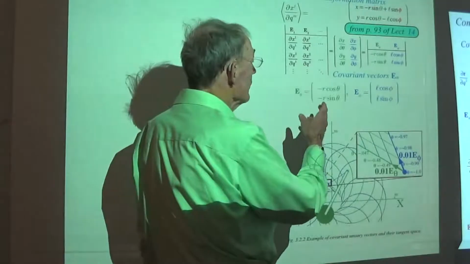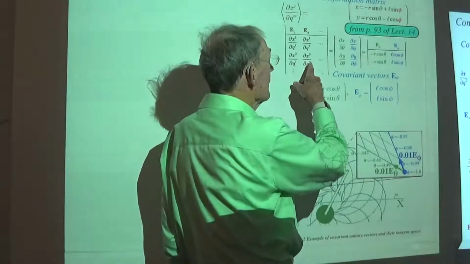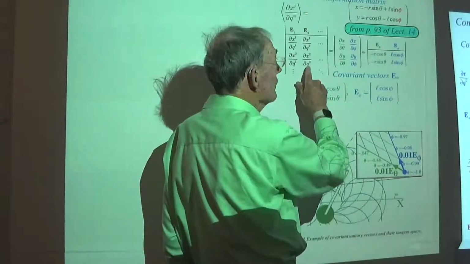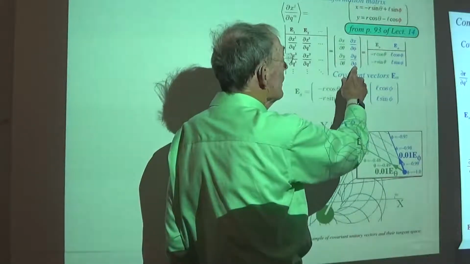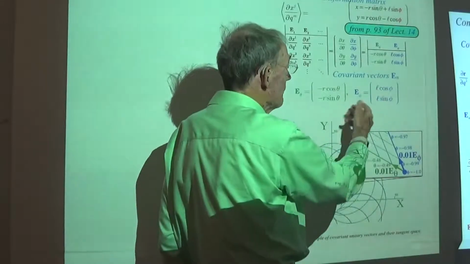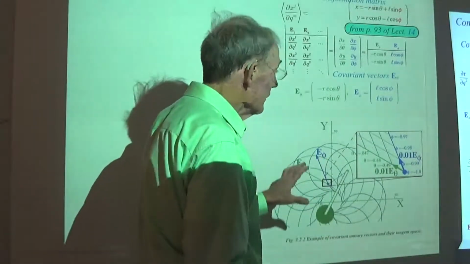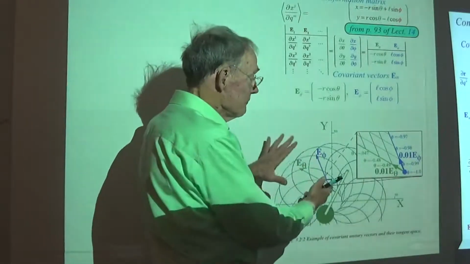So, having taken the derivatives properly, and I'm doing them with respect to Q1 and Q2, in this case theta and phi, I come up with those two vectors, and there they are. And of course this can be scaled any way you want.